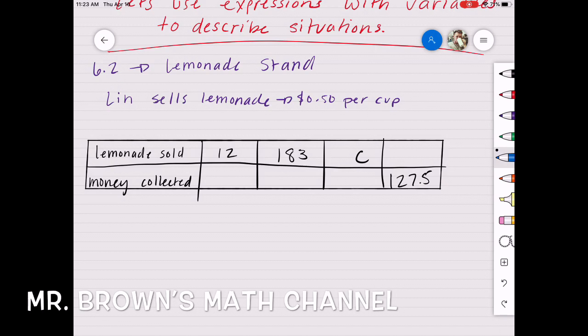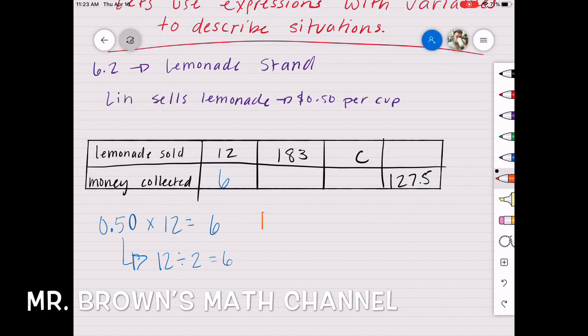If we multiply anything by 0.5 or half, that's the same thing as dividing by 2. So 0.5 times 12 is equal to 6, or 12 divided by 2, which is also equal to 6. That's how much money she would collect if she were to sell 12 cups of lemonade.